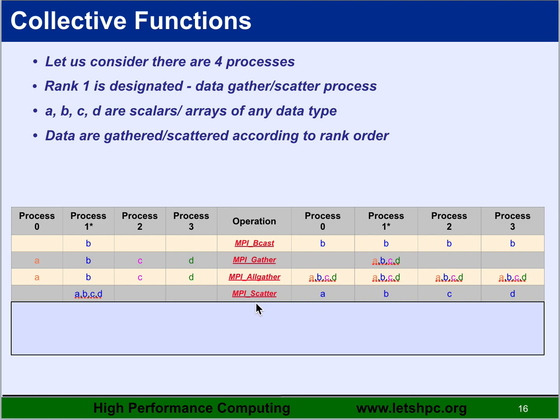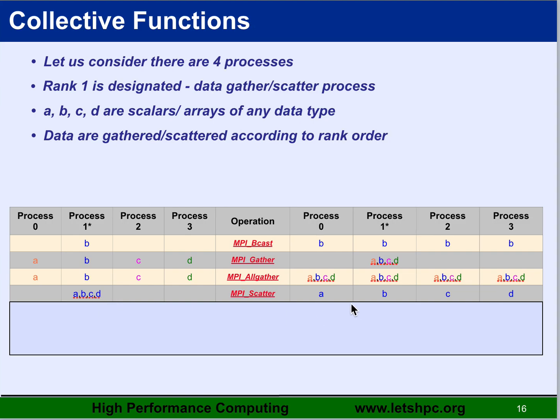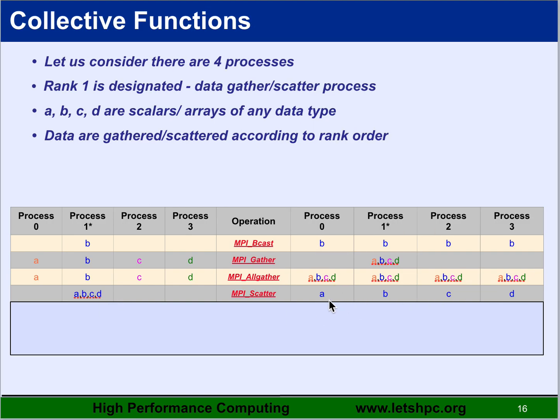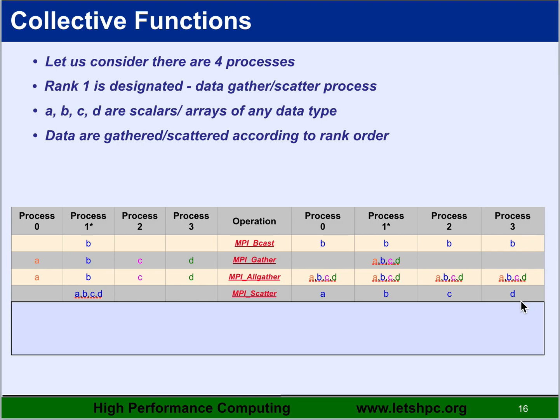Similarly, we can have a scatter operation. Here, suppose we have A, B, C, D, and we wish to give them to the other three processes. A to process 0, C to process 2, and process 3 is supposed to get D. So you can use MPI scatter, which will help us in achieving that.